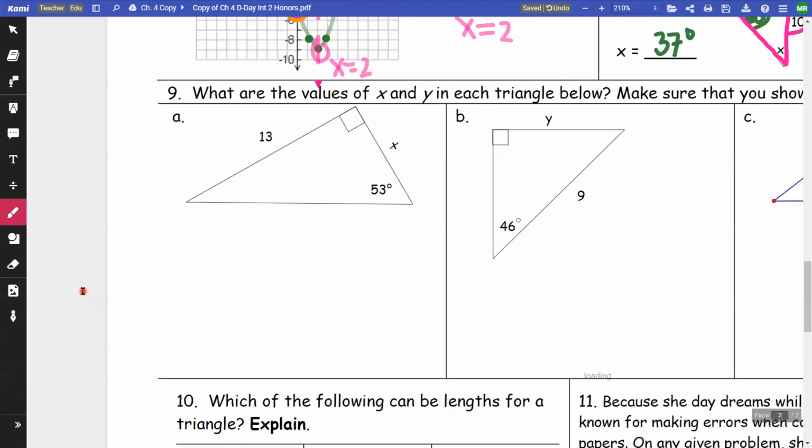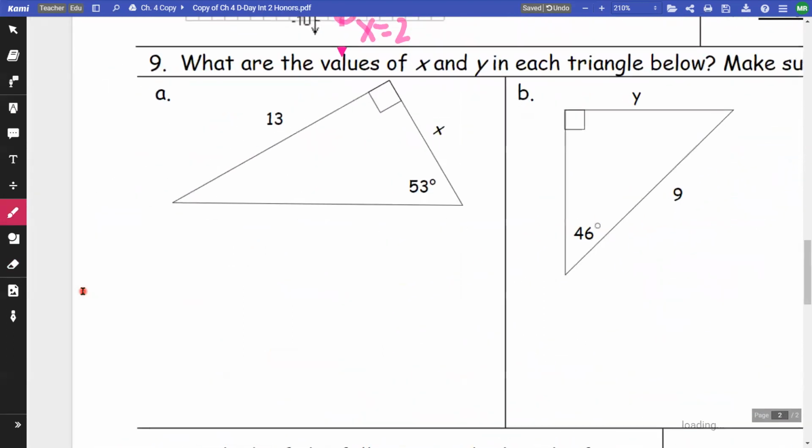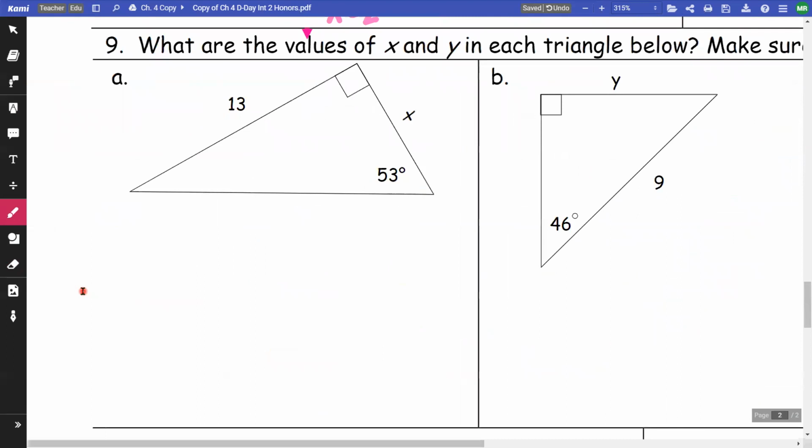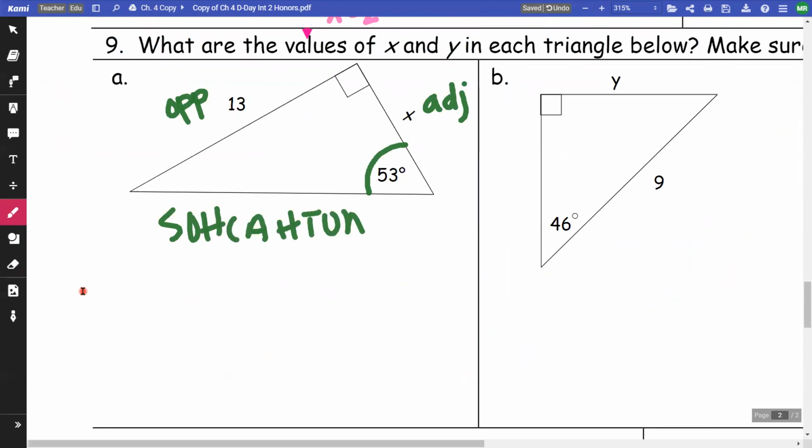Okay, so here, again, we want to show work. This is 53 degrees. From my 53 degrees, this is going to be opposite. This is going to be adjacent. So if I think of SOHCAHTOA, I have opposite and adjacent. So I'm going to use tangent.